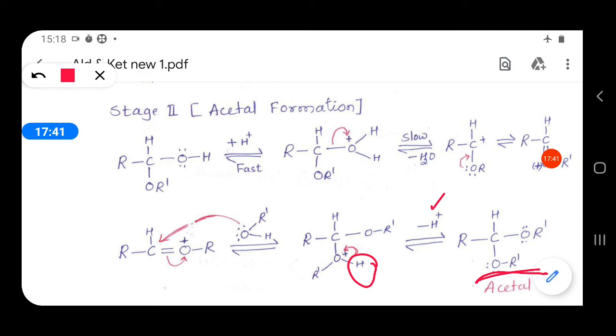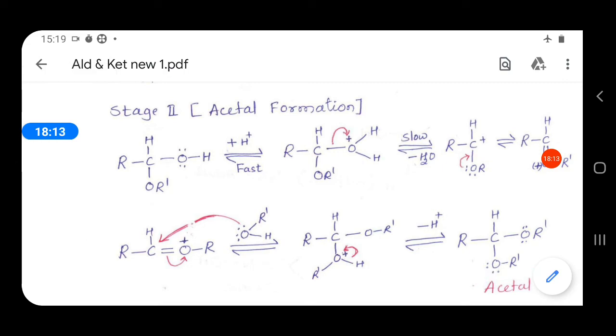So totally two molecules of alcohols are added, and that reaction is catalyzed by acid. So it is an acid catalyzed nucleophilic addition reaction. In the first stage hemiacetals are formed, but hemiacetals, being unstable, undergo further addition with another molecule of alcohol in the presence of acid and form the acetals.